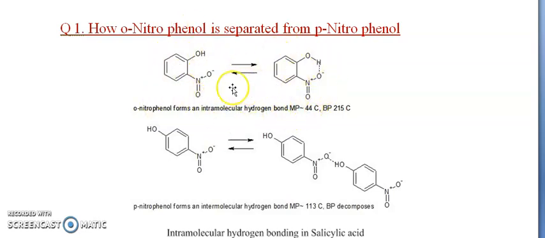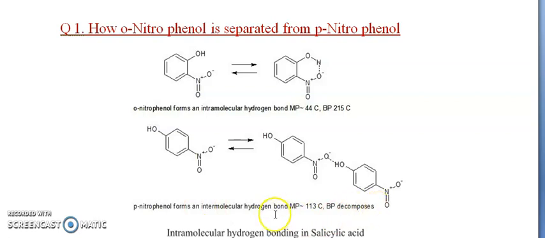Within the same molecule it can form the hydrogen bonding and this hydrogen bonding is strong. And due to strong hydrogen bonding or intramolecular hydrogen bonding, the boiling point and the melting point of this orthonitrophenol is high. And in paranitrophenol there is intermolecular hydrogen bonding.